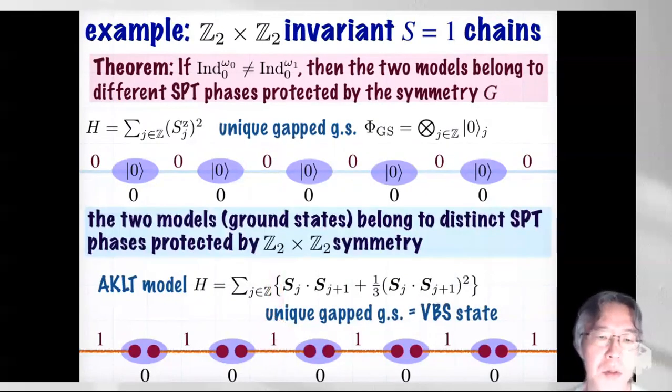So you can conclude that the two models can never be smoothly connected through Z2 cross T2 invariant models with a unique gapped ground state. In other words, they belong to distinct SPT phases protected by Z2 cross T2 symmetry. So this is a very important consequence of Ogata's index theorem.